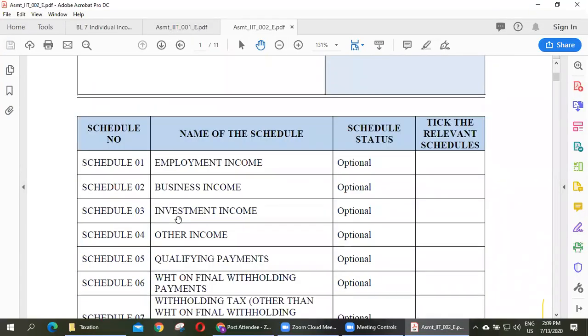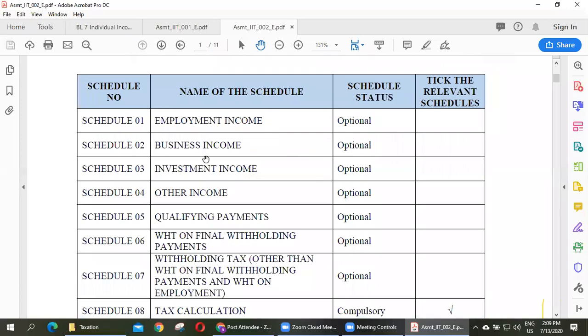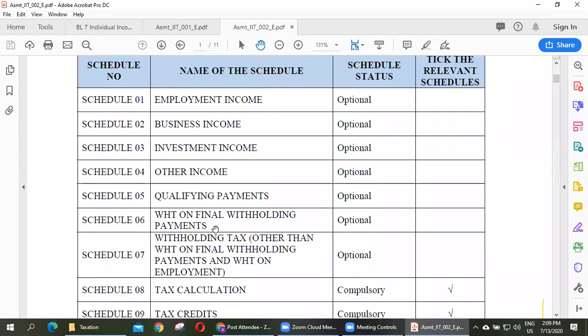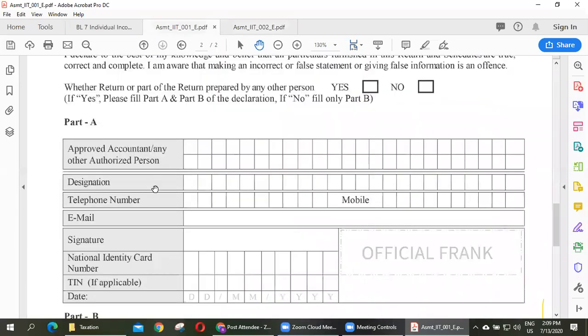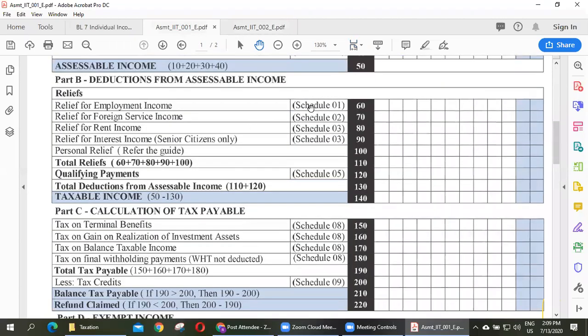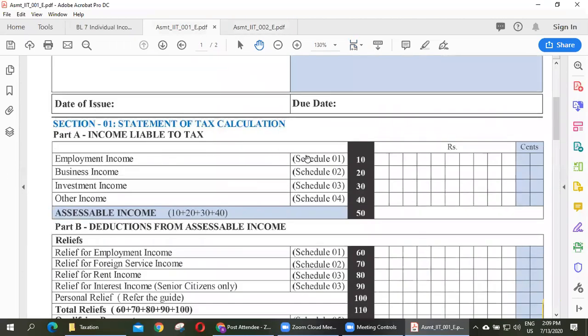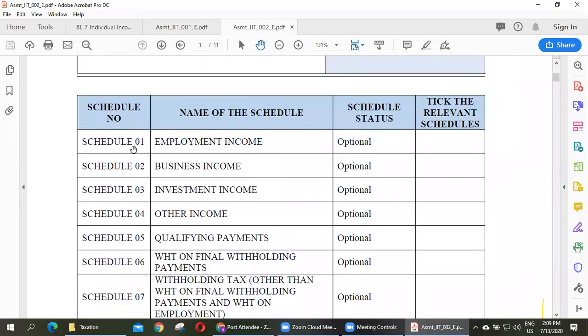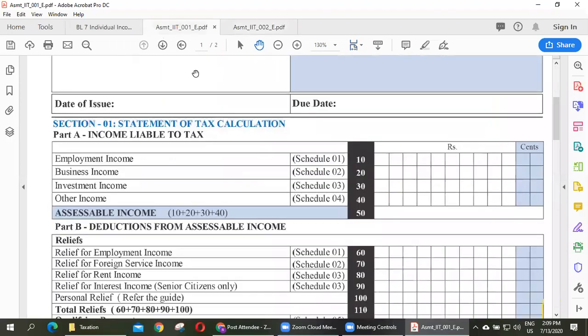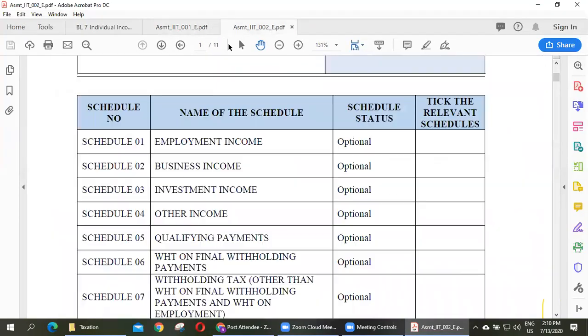Schedule of return: individual schedules for employment income, business income, investment income, qualifying payment. Schedule 1 is employment income, schedule 2 is business income. Once you put income, say 100,000, on page number 10, you have to give details of that 100,000.